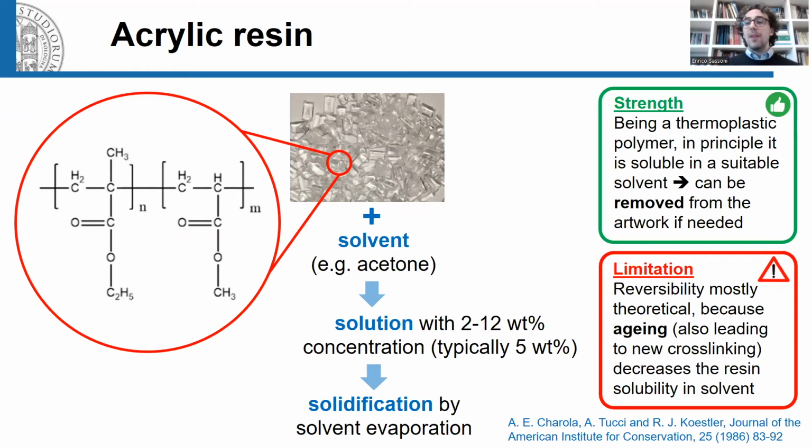So by applying a suitable solvent, it should be possible to dissolve the polymer and so to remove it from the stone. However, experience has shown that this is mostly theoretical, because if you go on a treated stone and try to remove a polymer that was applied some decades ago, this has undergone some reticulation over time, so it becomes impossible to remove the polymer without damaging the stone.